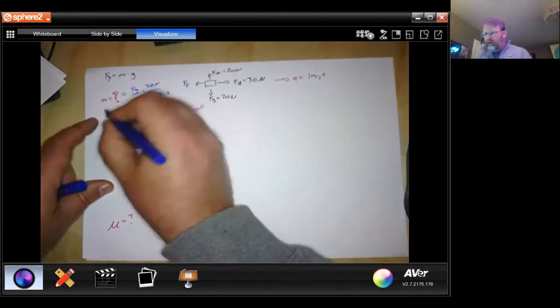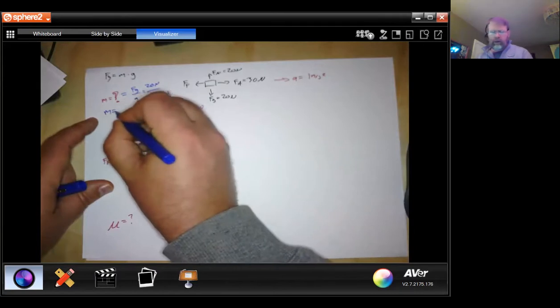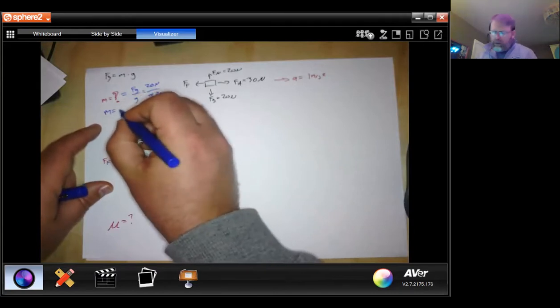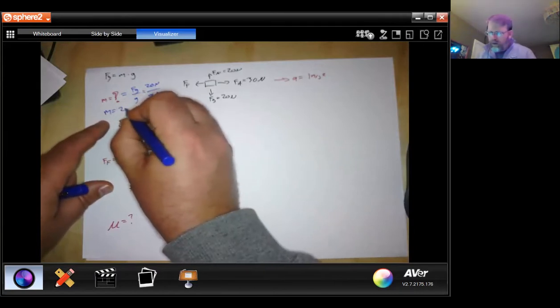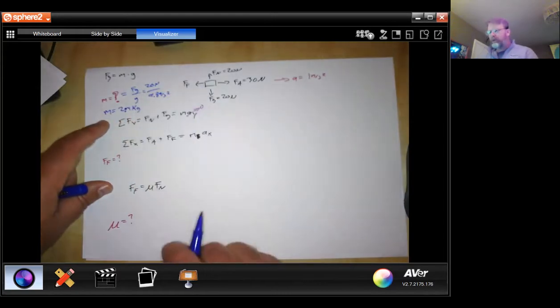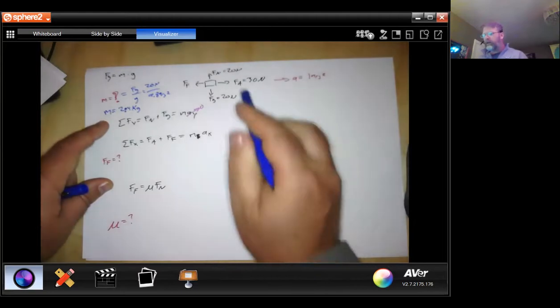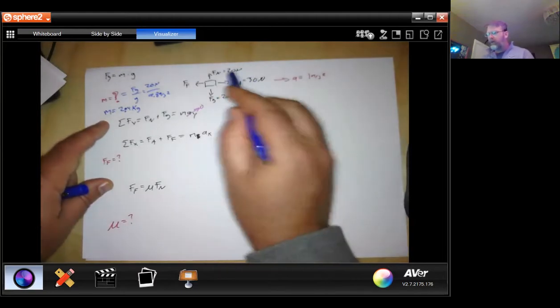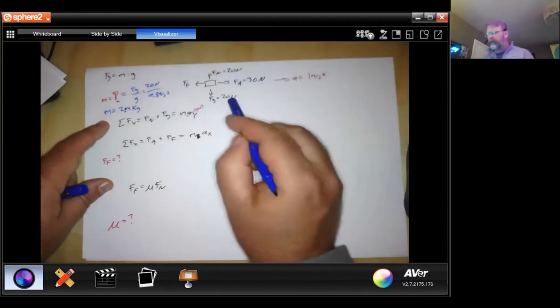So our mass should be about 2.04 kilograms.